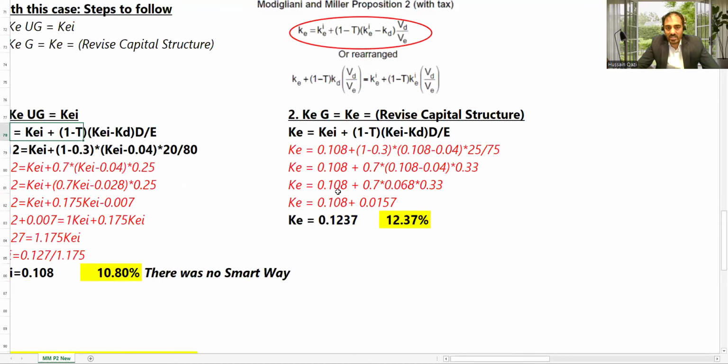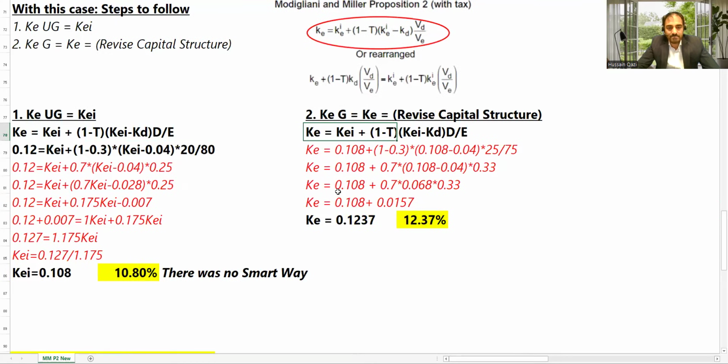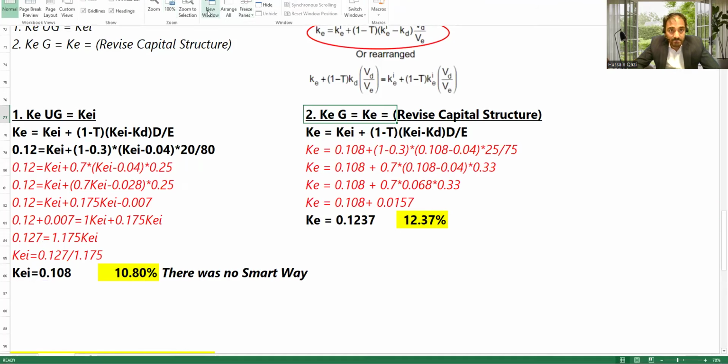You have already calculated KEI, that is 10.8. To calculate K with the new capital structure, that is 25:75. So these algebraic steps you need to mention here.